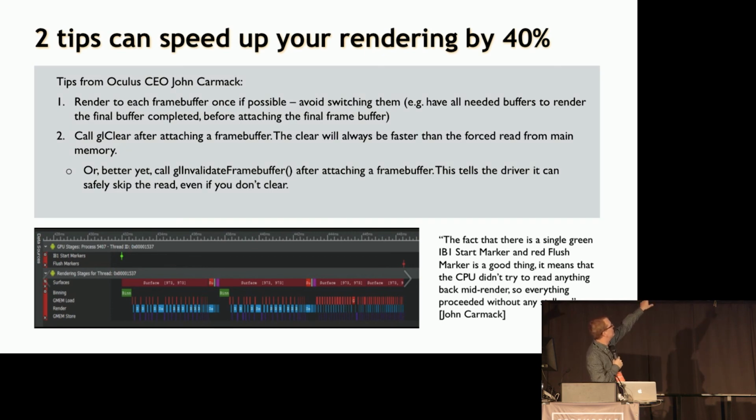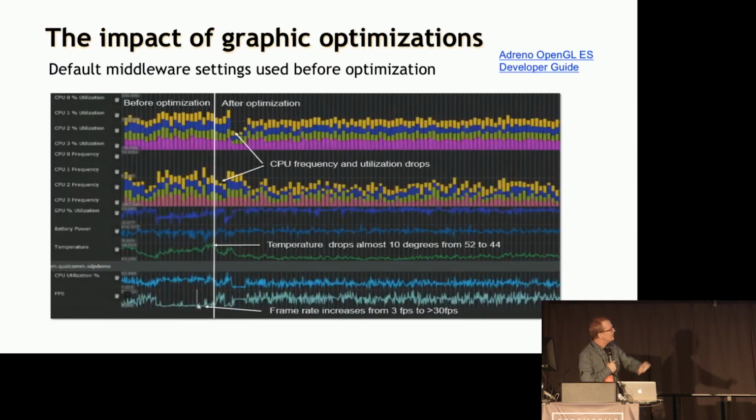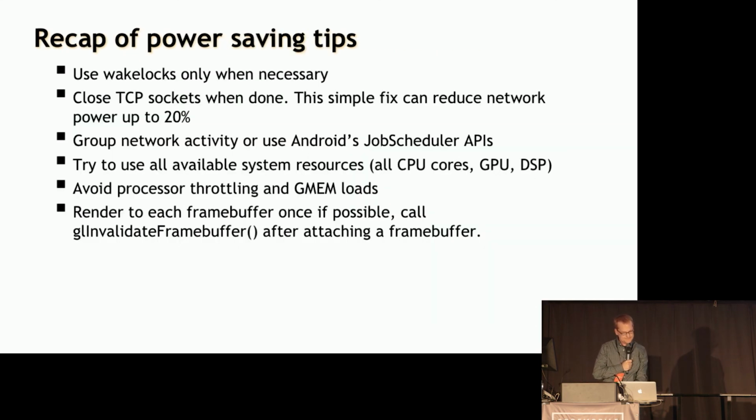This shows you if you do graphic optimizations, you'll see a big impact, reduction in processor usage. You'll see temperature drop. And in this case, the frame rate went from 3 to 30 frames per second. So highly effective. So just a recap on power saving tips. Use wake locks only when necessary.